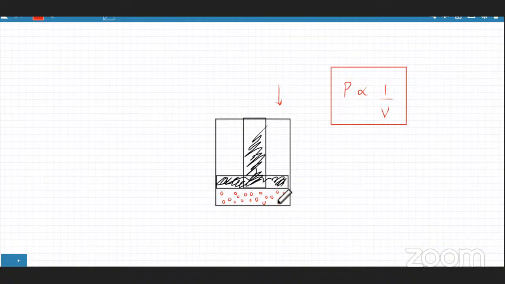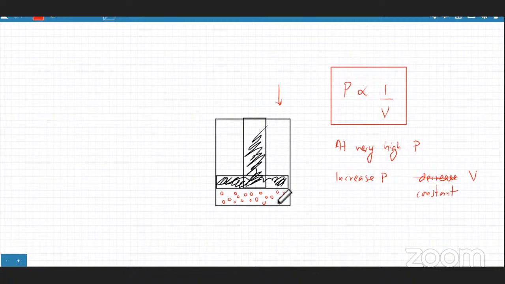This happens at very high pressure only. So at very high pressure, you increase pressure, and the volume should decrease according to the relationship, but instead of decreasing, it actually becomes constant.